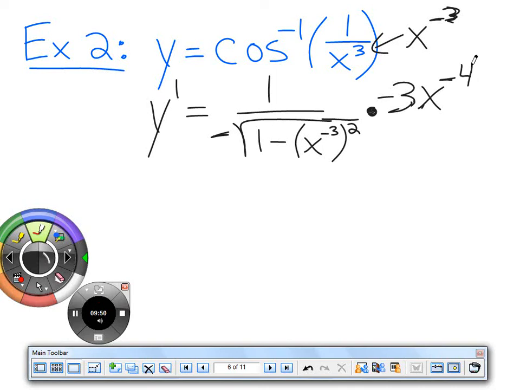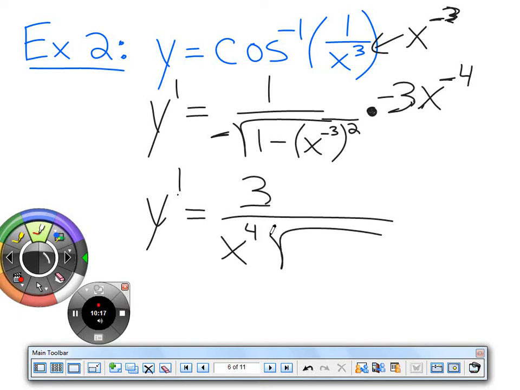And then if you want to clean it up a little bit, you could say y prime equals, let's see, we've got a couple negative signs, so you can just make it a positive. So 3, and I think I'm low on my stylus battery, which is bad. So I got 3, and then that's x to the negative 4, so I'm going to put that on the bottom, and then this would be 1 minus x to the negative 6. Okay, so that would be my final answer. All right.